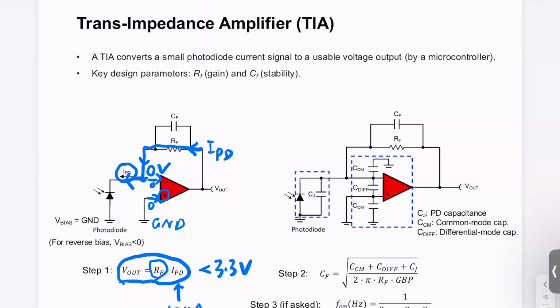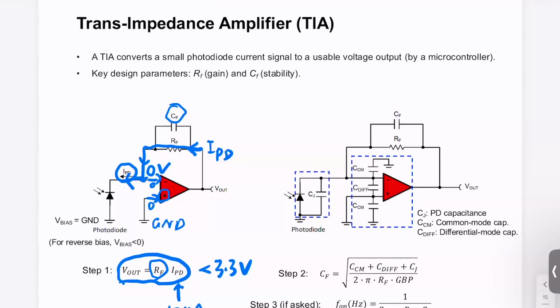Okay, and then there's a capacitor here. This capacitor is for stability. It's used to suppress noise, and this is way too deep for this circuit theory, so I'll just give it to you.